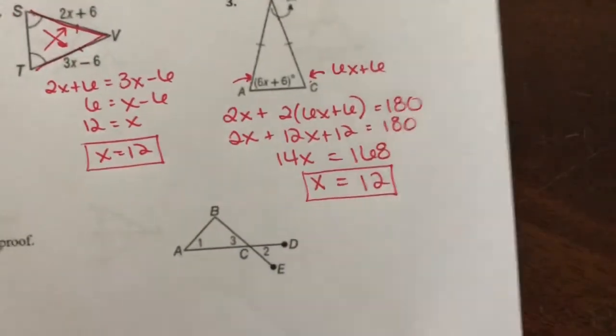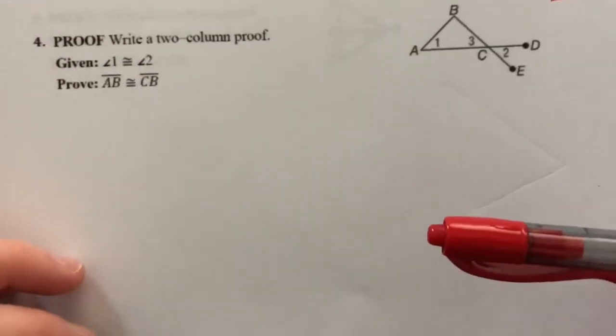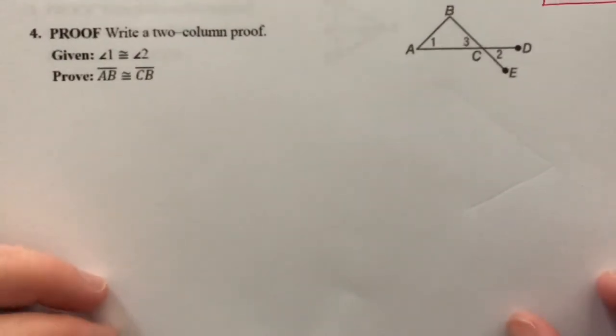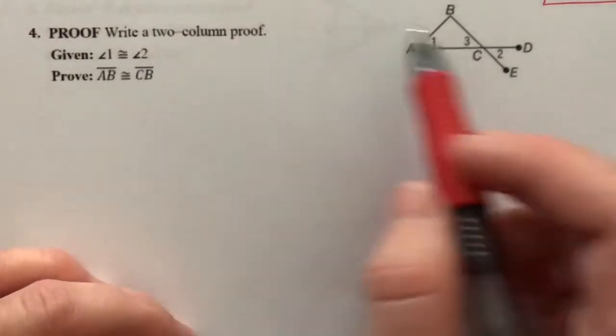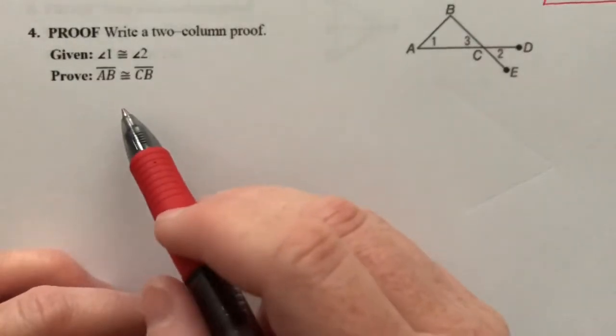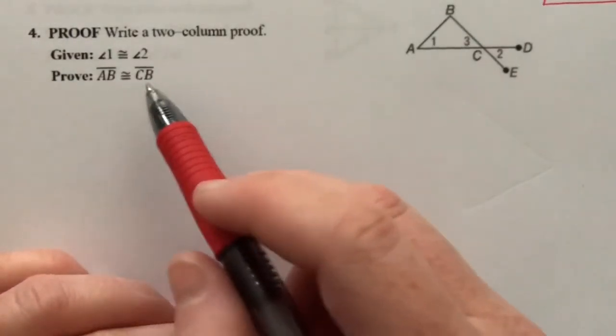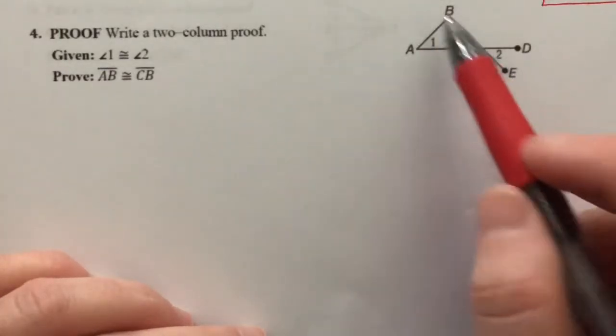Zoom it on out. Now we have a lovely proof, and this is the last part of this video, so hang with me. All right, it says, write a 2-column proof. Given that angles 1 and 2 are congruent, this guy and this guy, prove that AB is congruent to CB, that this guy is congruent to this guy, right?